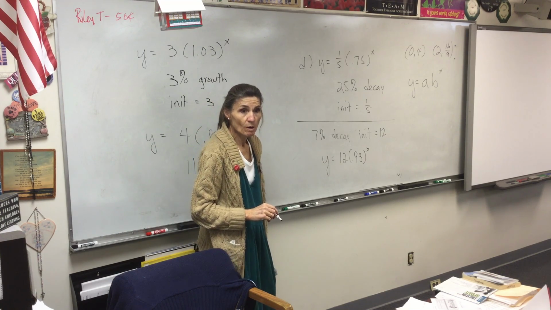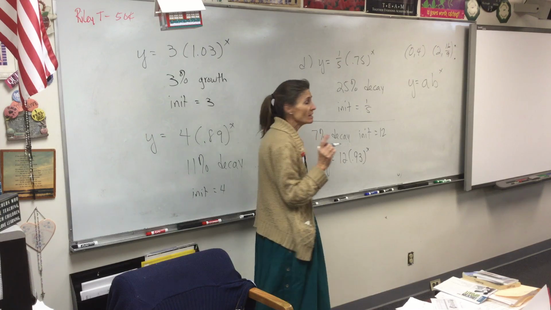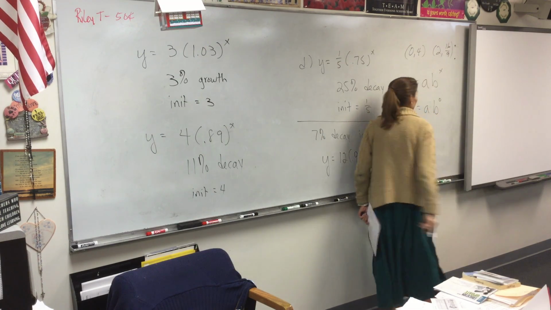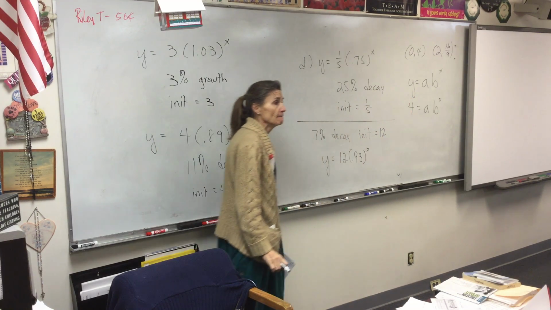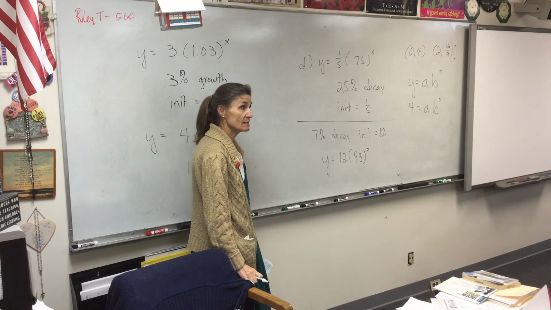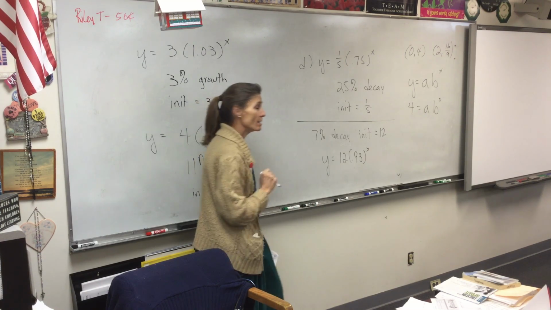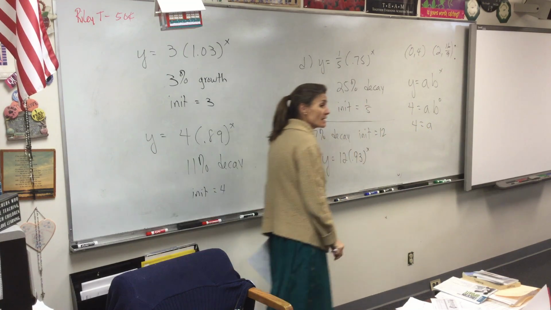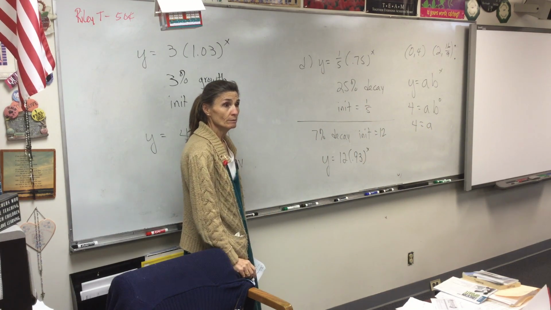We start with the 0 point. So we put 4 in here and 0 in there. And then we remember that b to the 0 is 1. So this basically tells me that a equals 4.